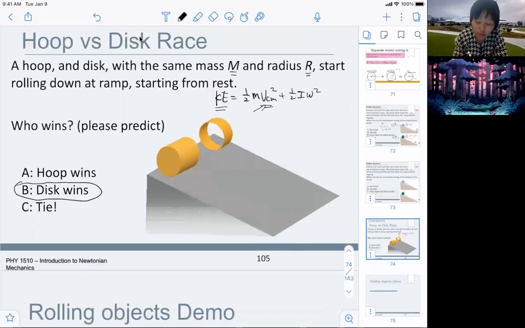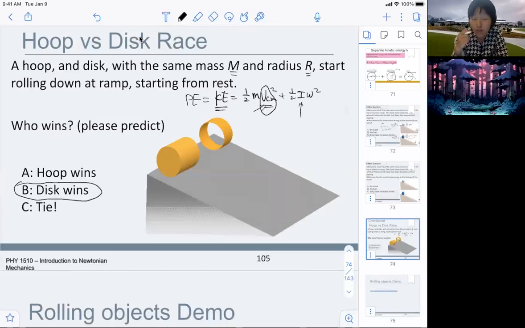They all have the same kinetic energy because they all start from the same potential energy, right? But because of the bigger I for the ring, it will spend more of its energy on rotation because it's harder to turn, and so it's left over with less kinetic energy to change its position from top to the bottom.